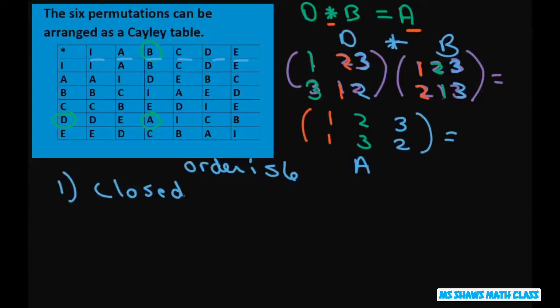And I is the identity element. Remember, the identity was 1, 2, 3, 1, 2, 3. And that was our I. So that's your identity element. The identity element occurs once in every row and once in every column. So that means every element has an inverse.